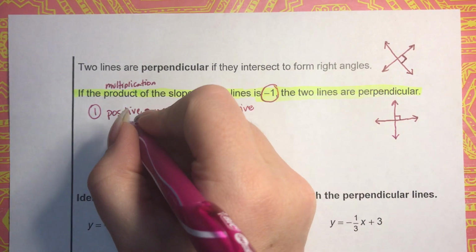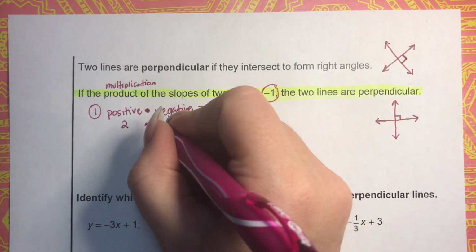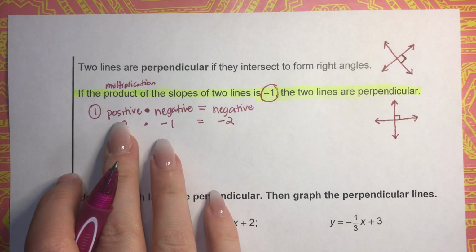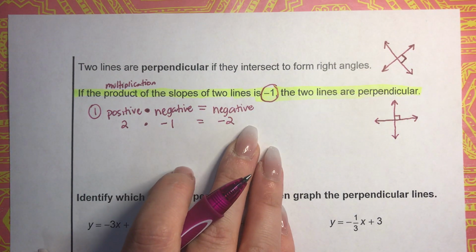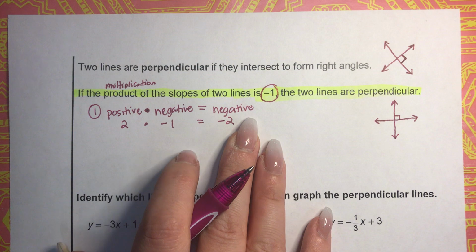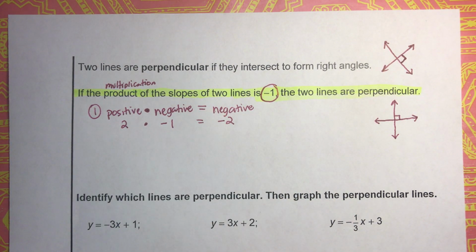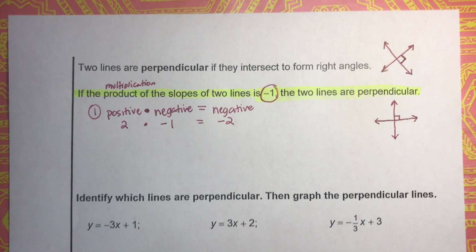So I have to have something like +2 times -1, and then I get -2. A positive times a positive is going to be a positive, and a negative times a negative is going to be a positive. So this gives us a clue: we have to have a positive and a negative number.